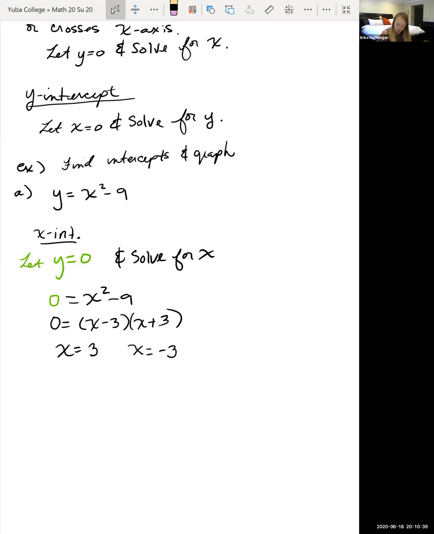And for the y-intercept, we're going to let x equal 0 and solve for y.